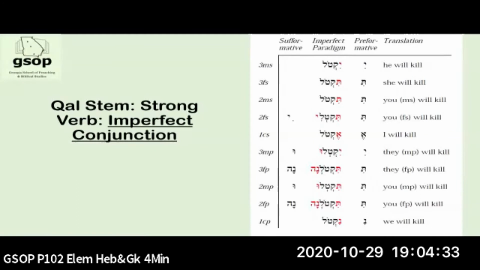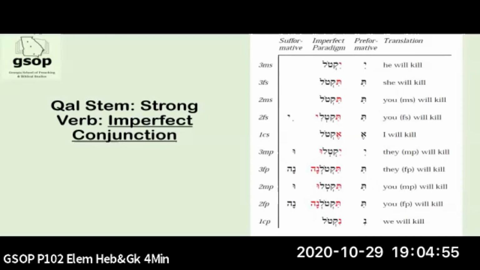You can just count on the first common to be different, singular and plural. But you do see a pattern where, one, I see a hireq underneath everything except for the first common, and two, my third masculine singular or plural has that yod with the hireq underneath it.